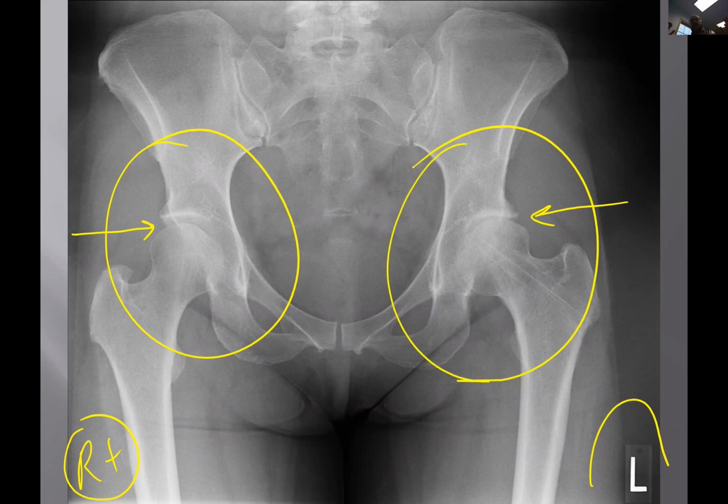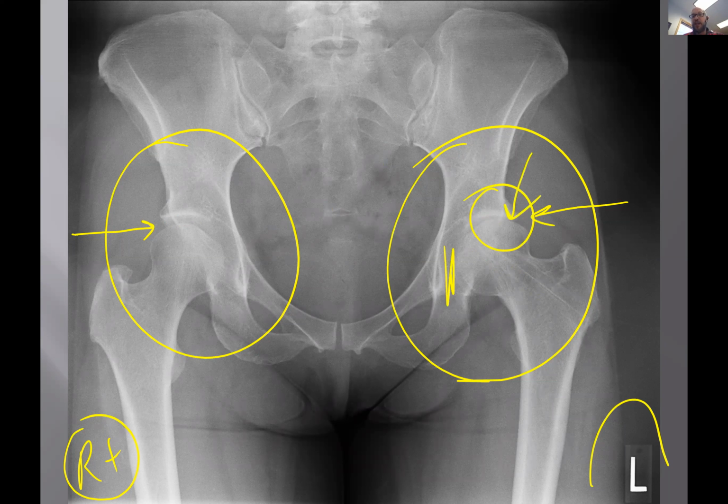Because there's secondary degeneration from old trauma. So good. Here's what I want you to know. Degenerative disease in the hip narrows the superior compartment first and worst. It narrows the superior compartment most, and that makes sense because by Wolff's law, you're going to pound that superior compartment.